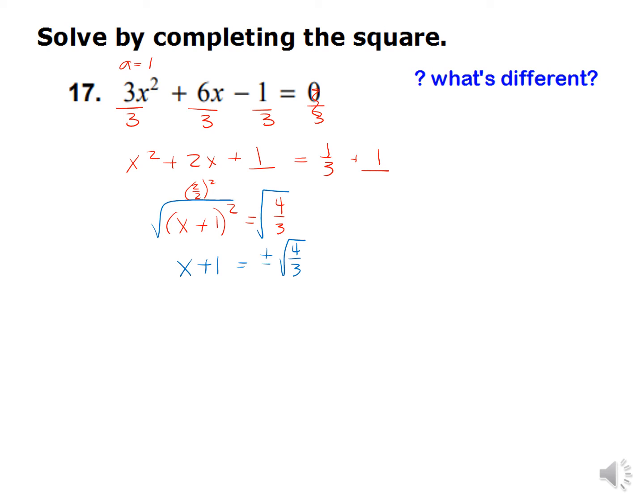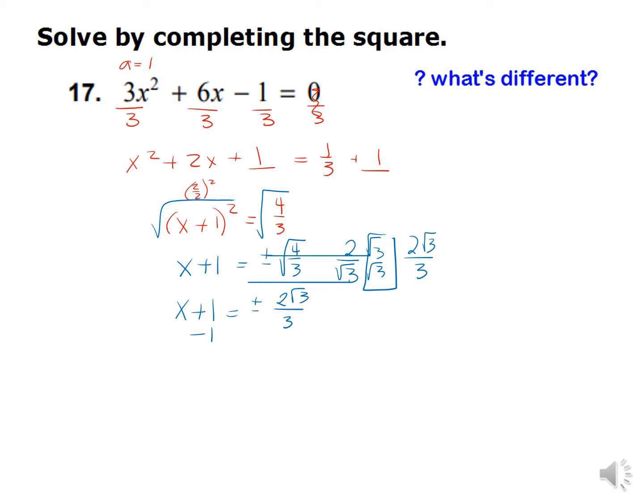So we're going to go 2 over square root of 3. I'm going to rationalize the denominator, and I get 2 square root of 3 over 3. So that is x plus 1 equals plus or minus 2 square root of 3 over 3.